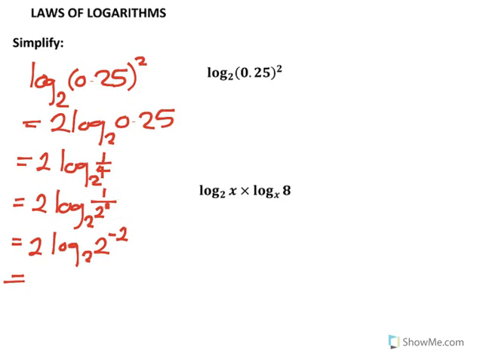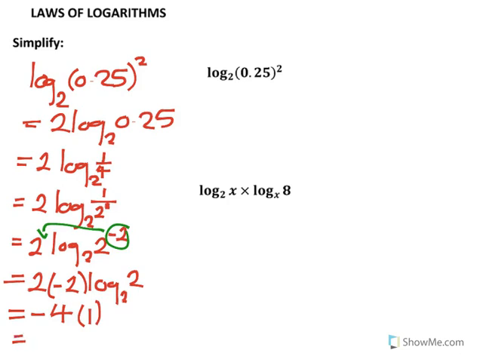Now again, I'm going to drop this power to join the other 2 there. So I'm going to give 2 times minus 2 log in base 2 of 2. Then 2 times minus 2 is negative 4. And when a log has a base and a number matching, it's a 1, and the answer is minus 4. Again, using your calculator, you can punch log base 2 of 0.25 squared, and you will get negative 4.